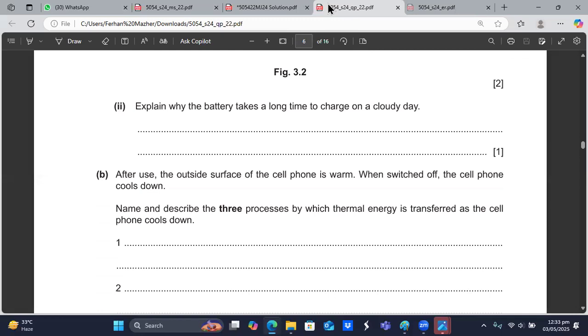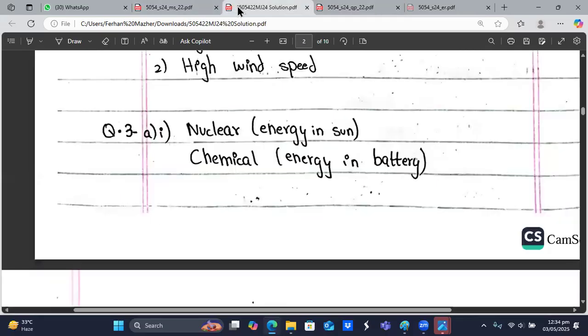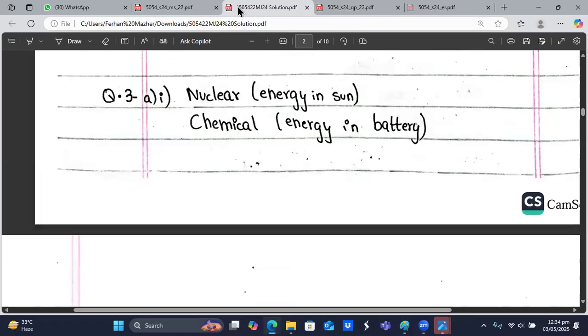Okay. Question number 3A and its second part. Explain why the battery takes a long time to charge on a cloudy day. You see, on a cloudy day, the sunshine which is reaching the solar charger will decrease. So that's why a less amount of EMF will be induced.